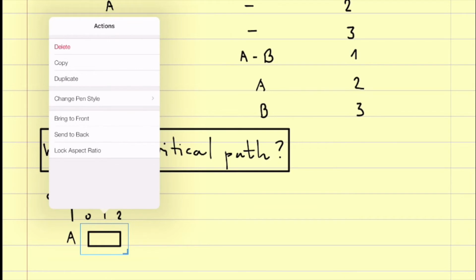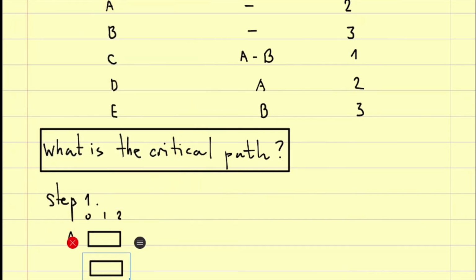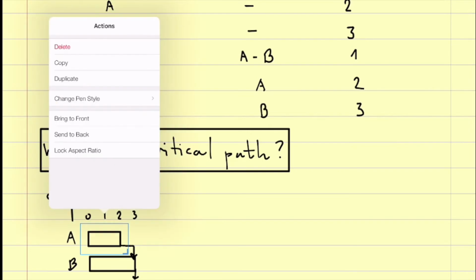Work package B has no predecessor, that's why it starts in 0. Work package C, predecessor is A and B. Takes 1 time unit to complete.